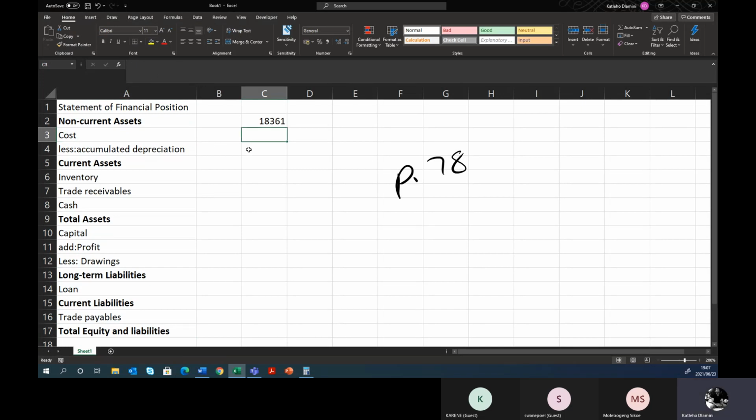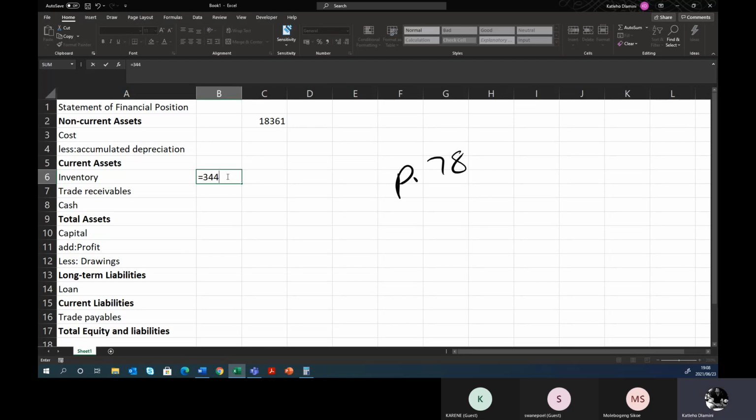Then the next one there, I'm just gonna go down my statement here. I'm gonna look for inventory. So let me see. I have inventory on the 1st of June, so I'm gonna say equals my inventory at the beginning of this year. It's sitting at 34,000. It is this year, right?